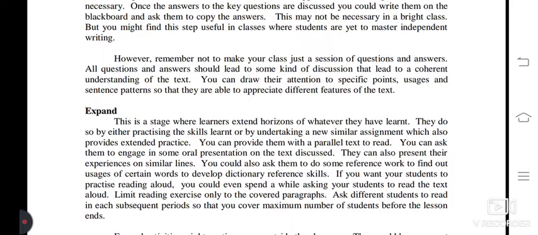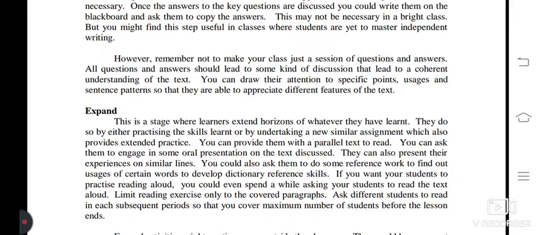They can also present their experiences on similar lines. You could also ask them to do some reference work to find out usages of certain words to develop dictionary reference skills. If you want your students to practice reading aloud, you could even spend a while asking your students to read the text aloud.